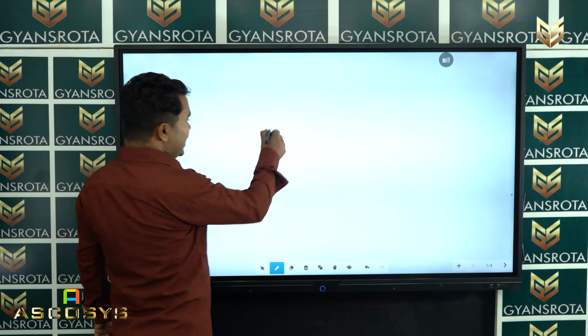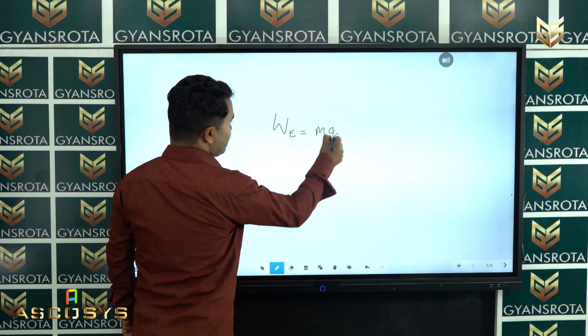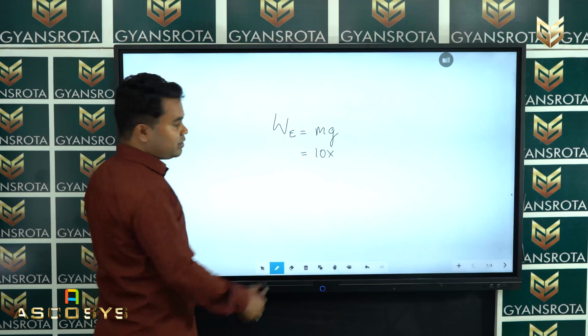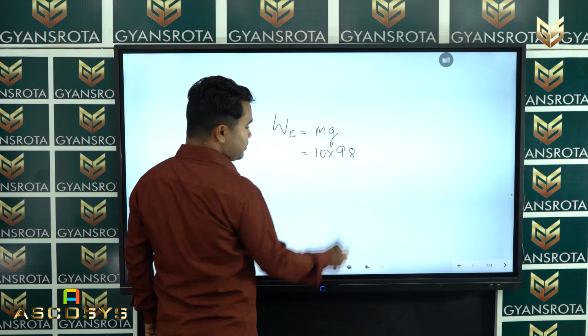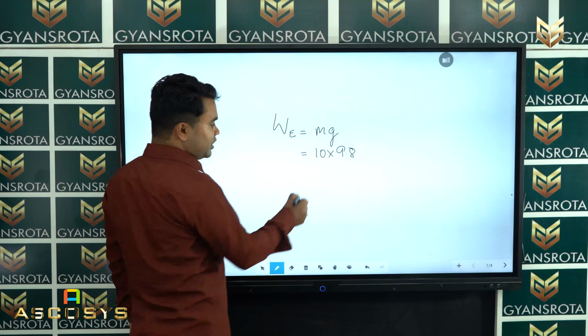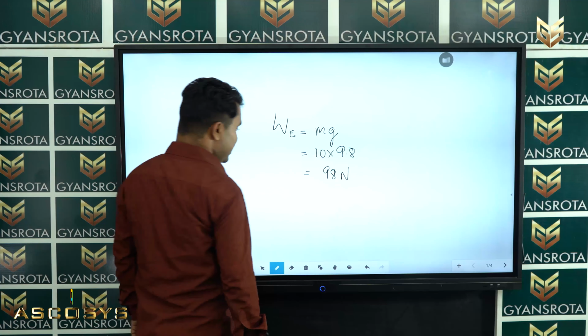Okay. Weight on earth will be mg. M is given as 10 and g is given in the question as 9.8 meter per second square, the constant acceleration due to gravity. So it will be 98 Newton, right?